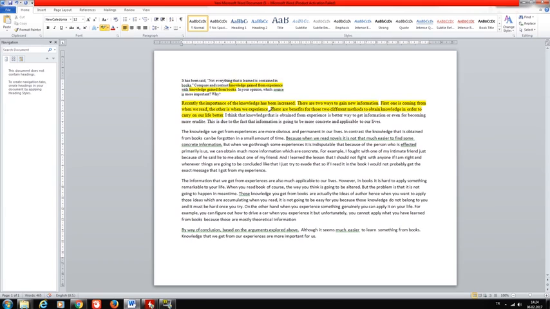Then there's another explanatory sentence, which is: there are benefits for those two different methods to obtain knowledge in order to carry on our life better. Still sticking to the question, and then: I think that knowledge that is obtained from experience is a better way to get information, or even for becoming more erudite.